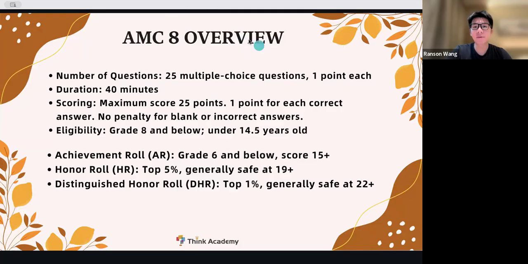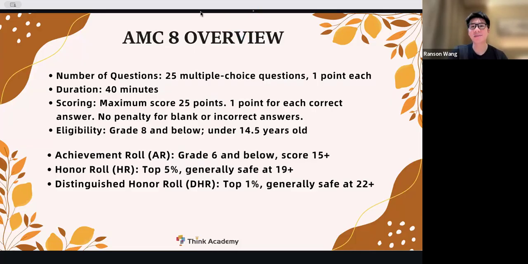For the MCA, the total number of questions is 25 multiple choice, and each question is worth 1 point. In total, you will have 40 minutes to finish all 25 questions.